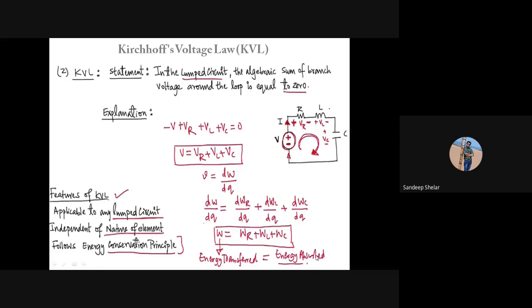That means Kirchhoff's voltage law is based on the energy conservation principle, in which energy transferred is equal to energy absorbed. This is the basic concept of Kirchhoff's voltage law based on the closed loop or mesh loop.